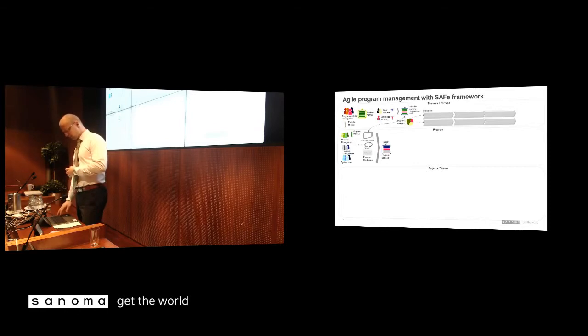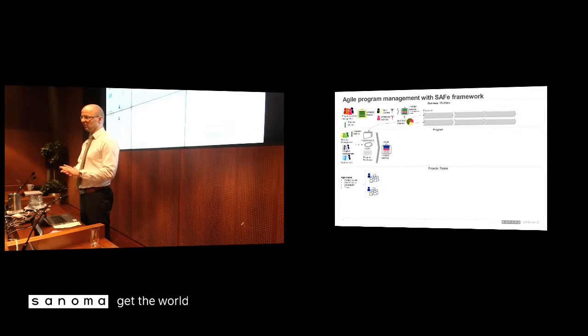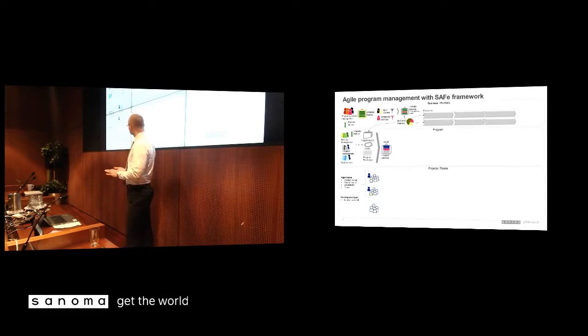Okay, let's move to teams. In this example, we have two Scrum teams with basic roles: product owners, Scrum masters, developers, one person responsible for testing, and then we have a third team using a different kind of method.